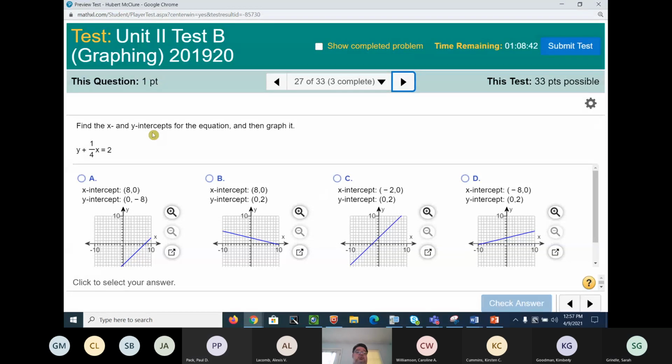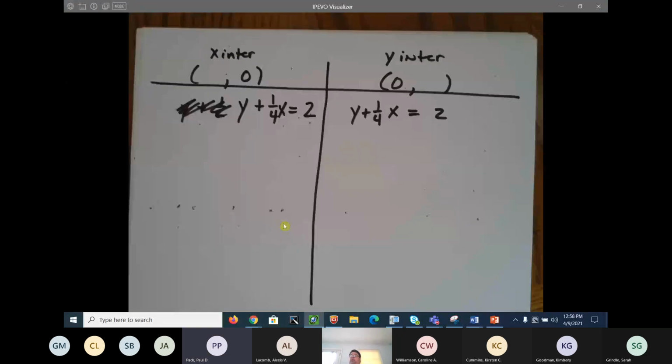And the actual equation, y plus 1/4 x is equal to 2. Now I'm going to go to the whiteboard. There we go.